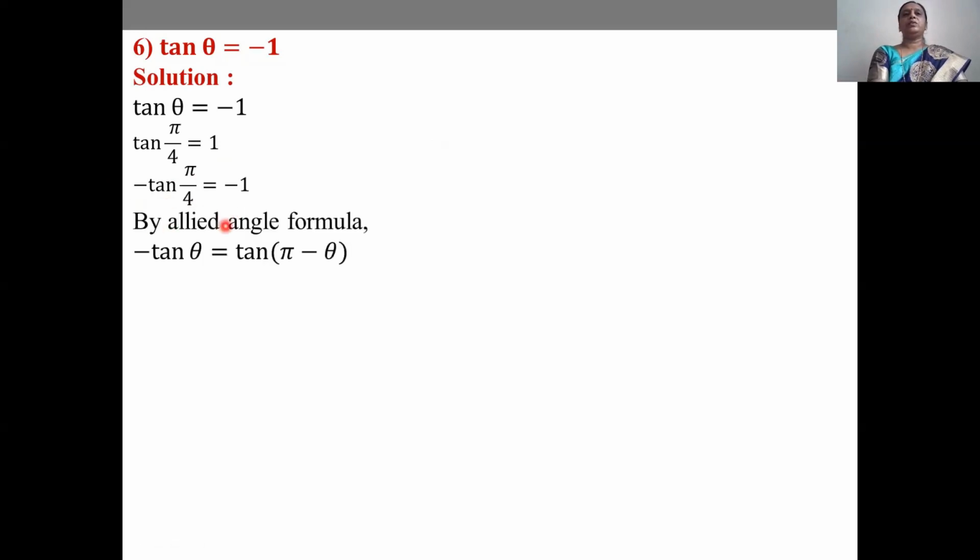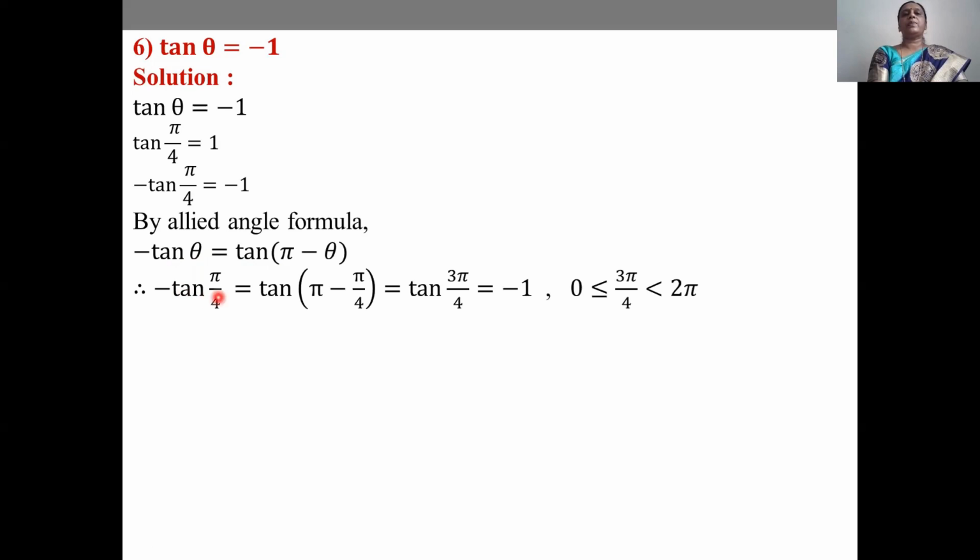Then again, use the allied angle formula. Minus tan theta can be written as tan pi minus theta. In this formula, keep the value of theta as pi by 4. We get minus tan pi by 4 is equal to tan pi minus pi by 4. After simplification, this is the angle of 3 pi by 4.